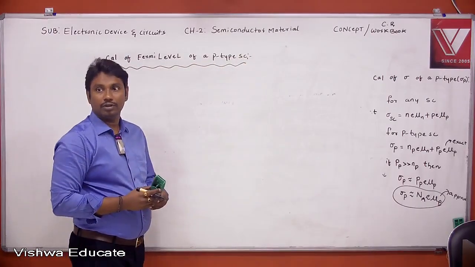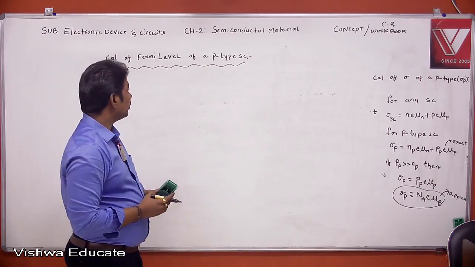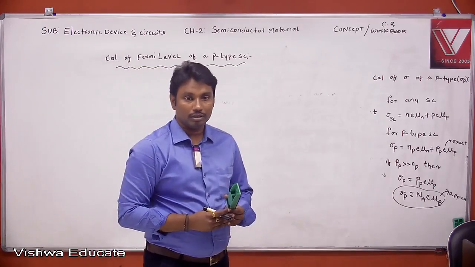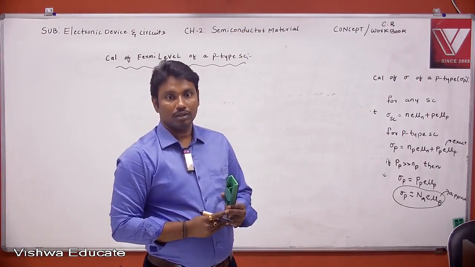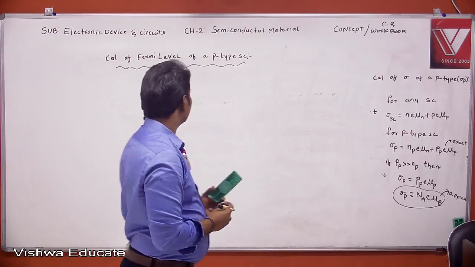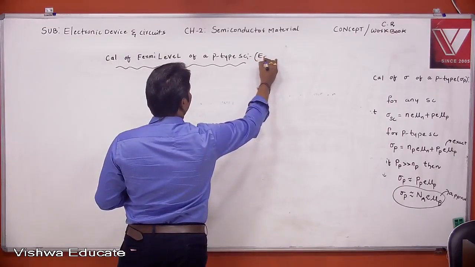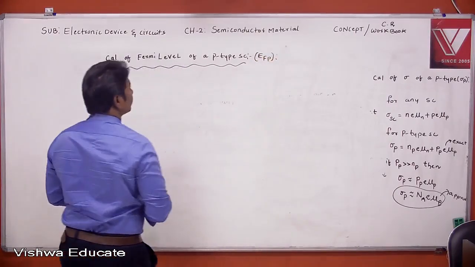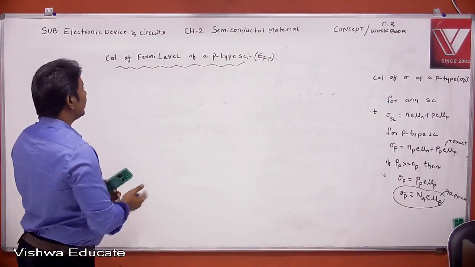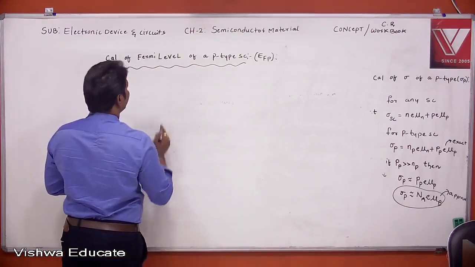Calculation of Fermi level of a p-type semiconductor, that is, EFP in bracket. How to calculate the Fermi level of a p-type semiconductor?